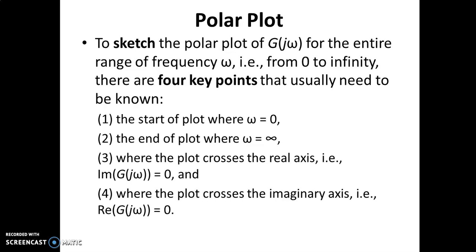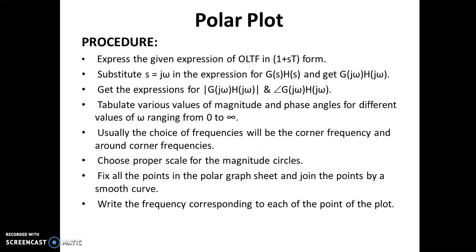If it crosses the real axis, the imaginary part is equal to 0. If it crosses the imaginary axis, the real part is equal to 0. If you know these key points, we can easily draw the polar plot of the open loop transfer function.